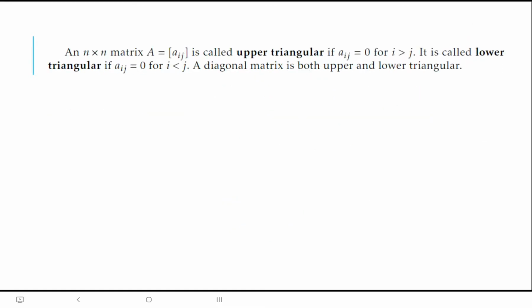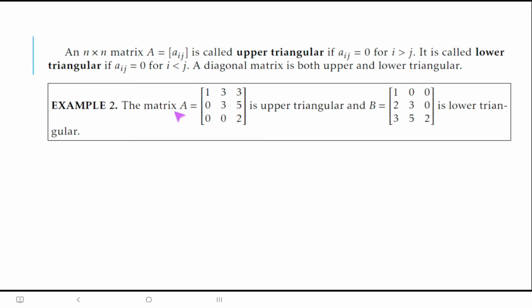Okay, so next we have two types of matrices. We have the upper triangular, for which a_ij is equal to 0 whenever i is greater than j. And then it is called the lower triangular if a_ij is equal to 0 whenever i is less than j. It's easier to see by example.